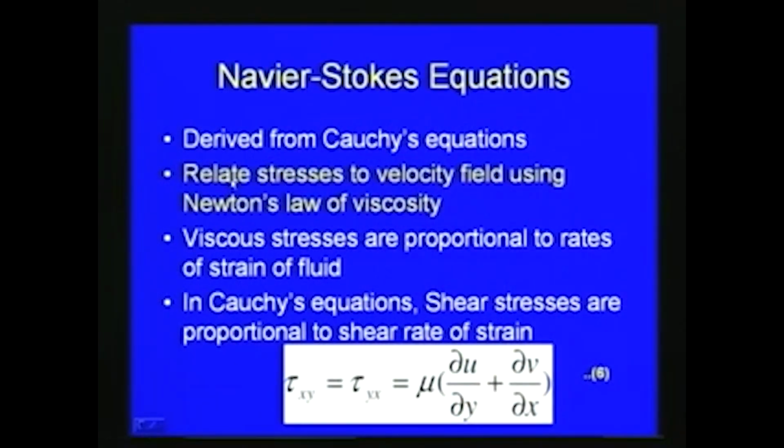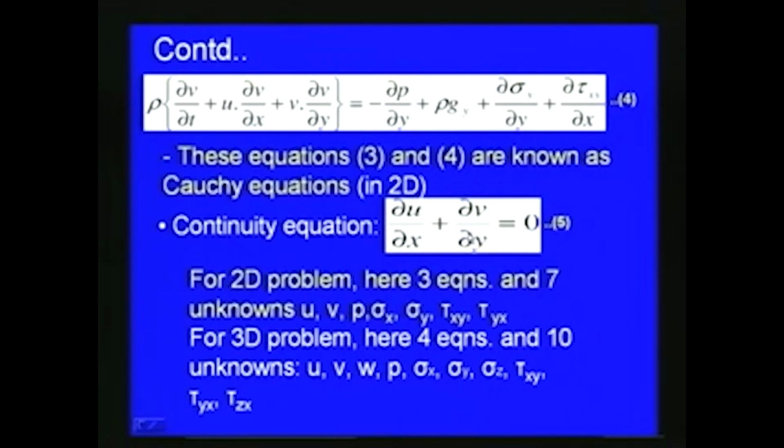Now, we have already seen that for 2D problems there are 7 unknowns in terms of u, v, p, sigma x, sigma y, tau xy and tau yx, and for 3D problems 10 unknowns.